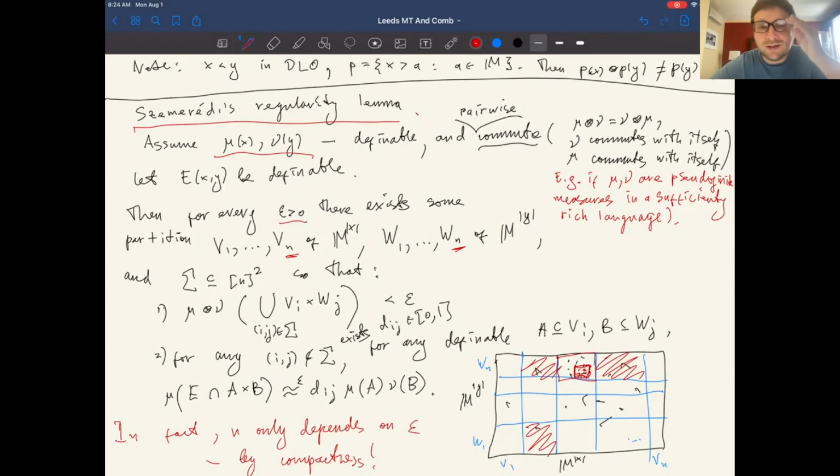Existence of some finite partition like this for arbitrary measure spaces, which could be infinite, implies by an ultraproduct or compactness argument that in fact this bound is uniform. So n only depends on epsilon.